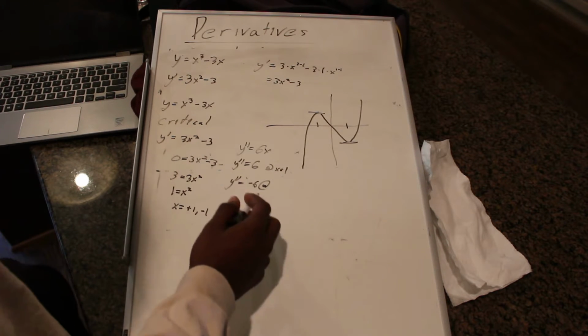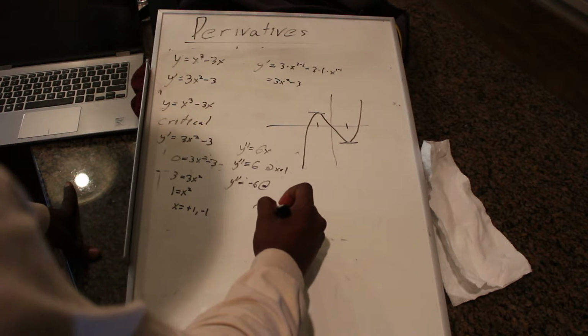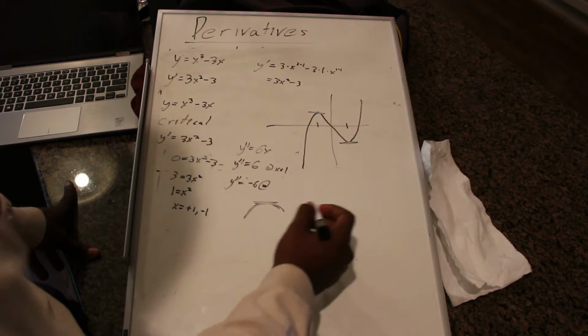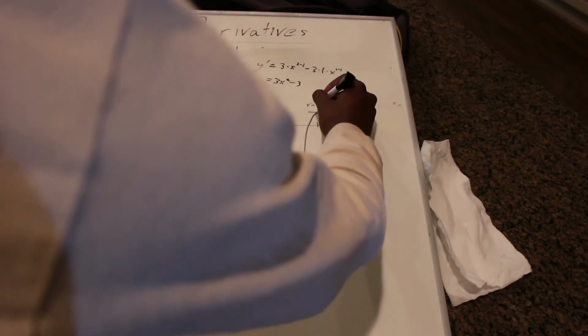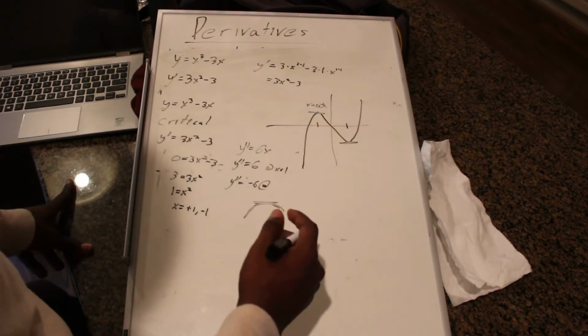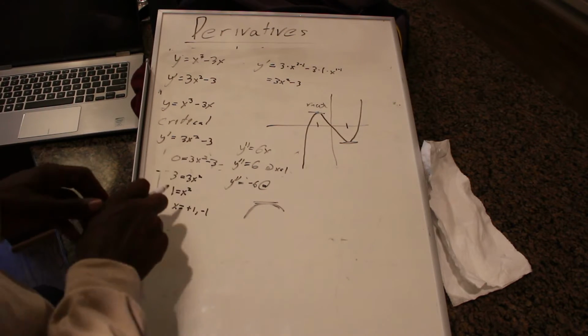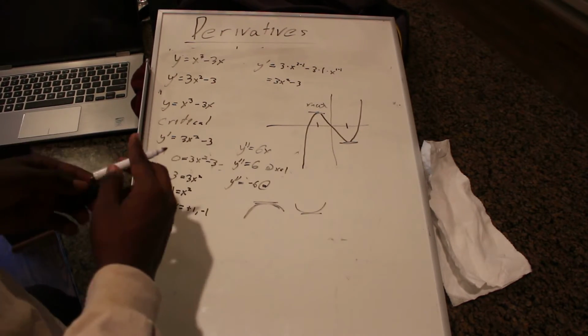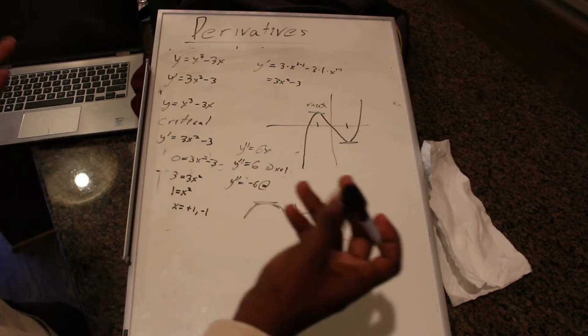Since this one is negative, it is concave down, so it'll create a maximum. Since this one is positive, it will create a minimum just because of the curvature of the graph.